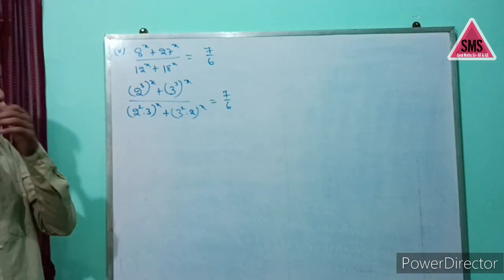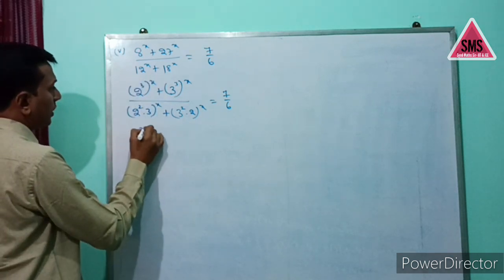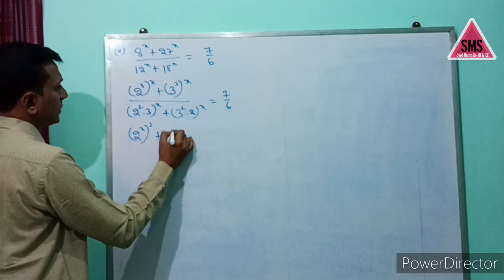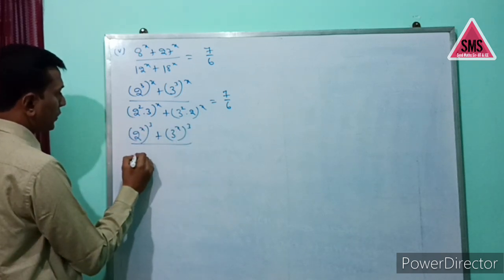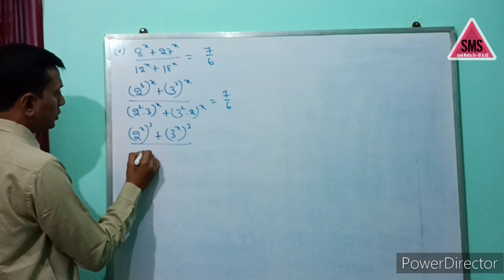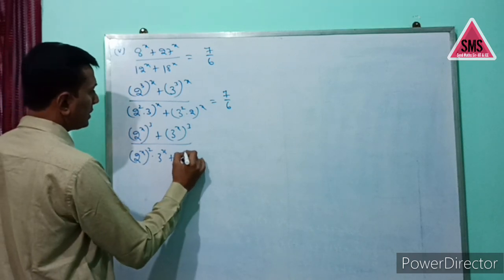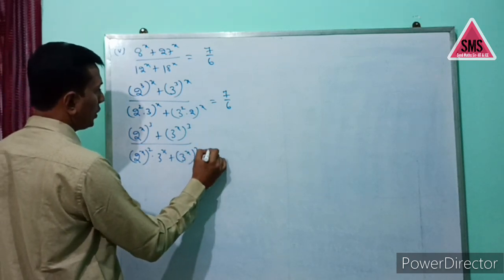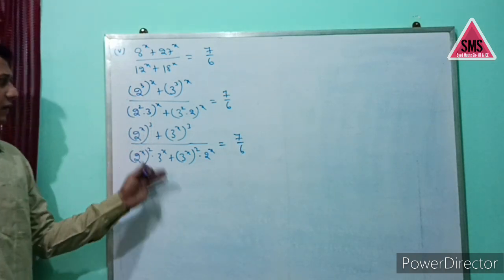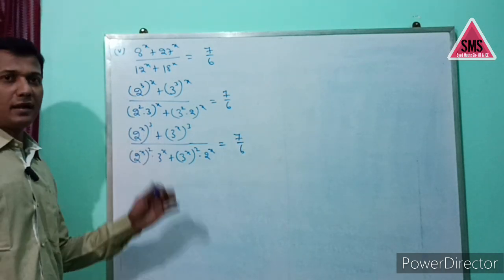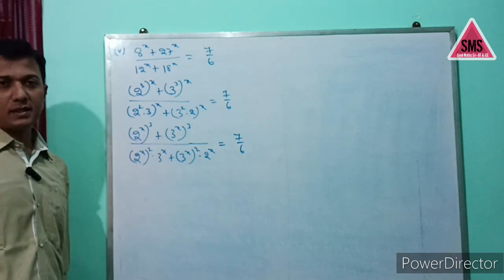Now you can interchange, that means in the form of cube you can write 2 power x whole cube, 3 power x whole cube, and here individually you can write 2 power x whole square into 3 power x, and 3 power x whole square into 2 power x, equals 7 by 6. If you see the numerator and denominator, what is the common thing we are observing? 2 power x and 3 power x in both.